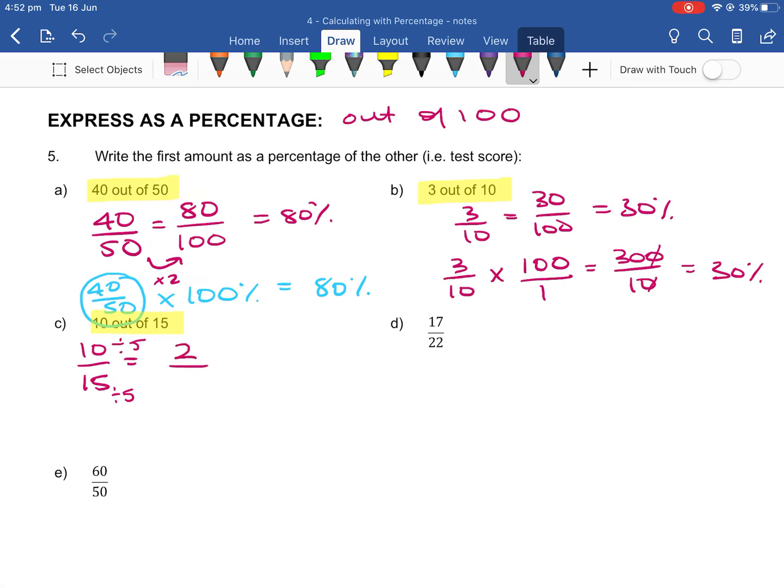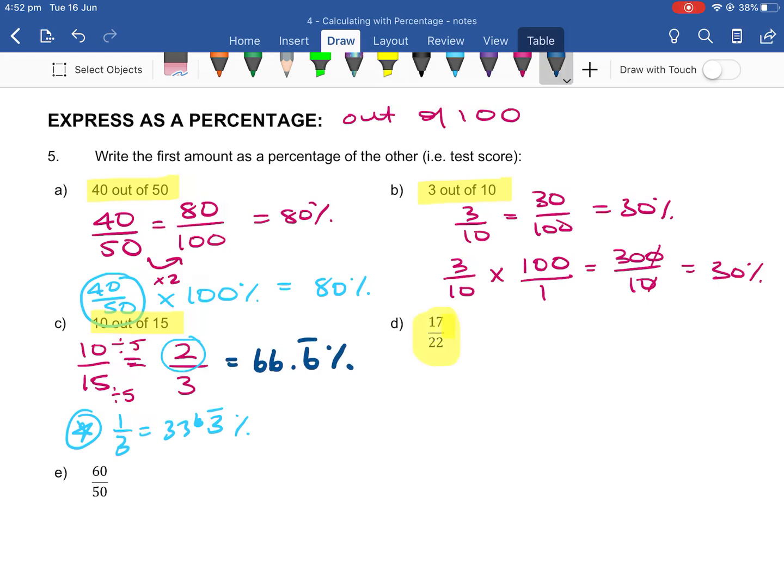So 10 divided by 5 is 2, and 15 divided by 5 is 3. So this is the same as scoring 2 out of 3, or 2/3. Now, one of our special fractions that we have looked at was a third, which was 33.3 recurring percent. I've got 2 of these, so this is going to equal 66.6 recurring percent. That's a really nice one to recognise.